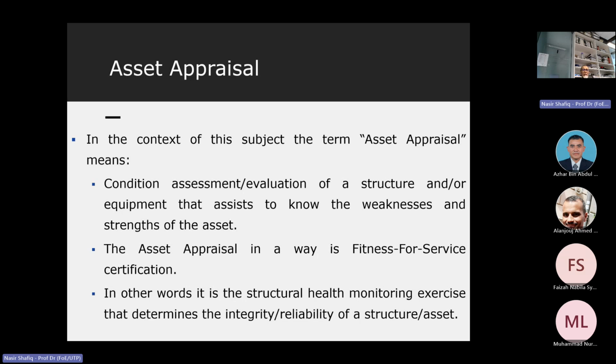In general, fitness for service for this functional requirement is for 10 years, what we call warranty or guarantee. In other words, it is the structural health monitoring exercise, right? It is the same thing like a human being, that determines the integrity and reliability. How reliable is that?